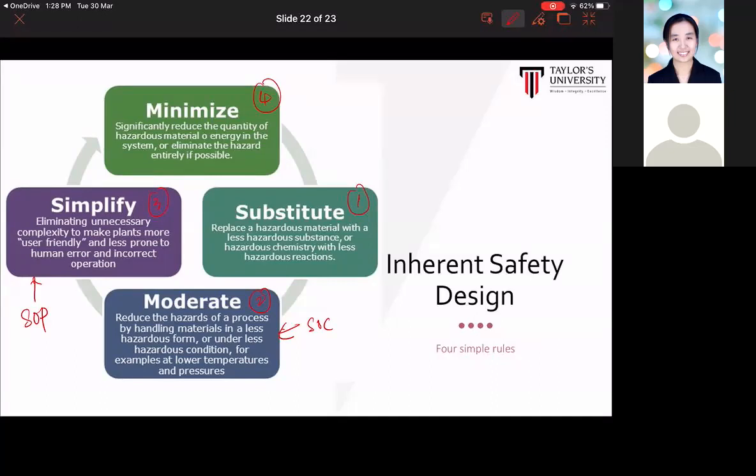Imagine that you want to write an SOP for operators who don't even have a Form 5 education, because often we have operators who may be at a very low education level, or some companies even bring in foreign workers to do the operational job.